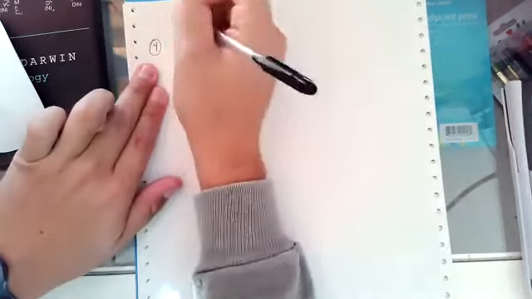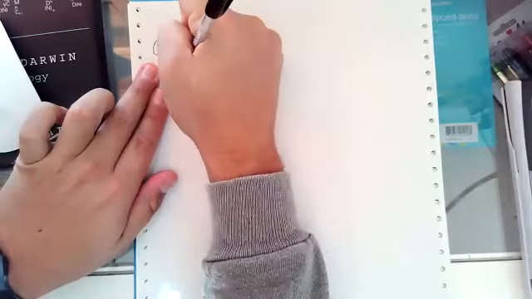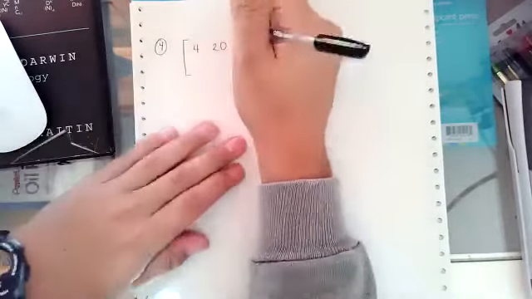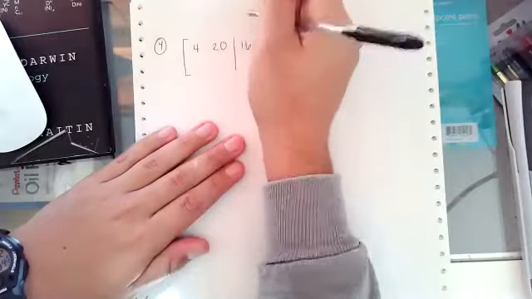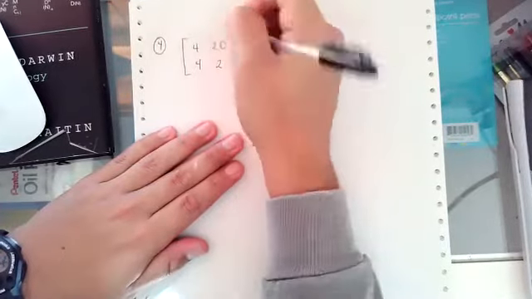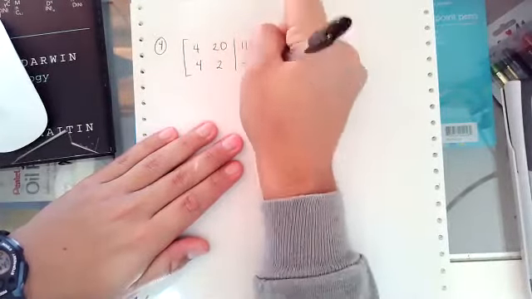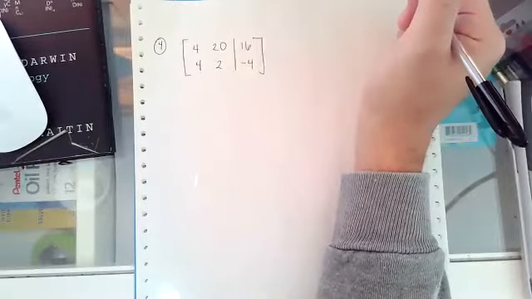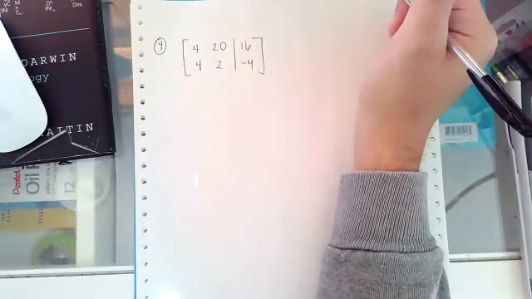I'm going to go back to our, I keep thinking of this as the party matrix just because of the 420 here. Okay, 420, 16, 4, 2, and -4. And what row operation do I want you guys to do? Let's see.